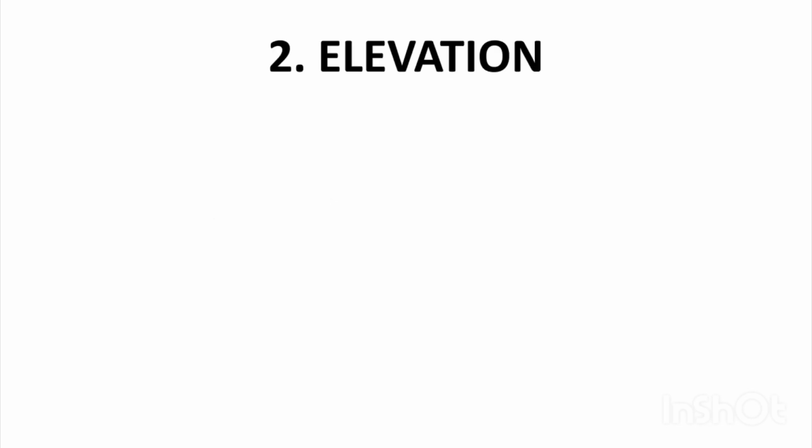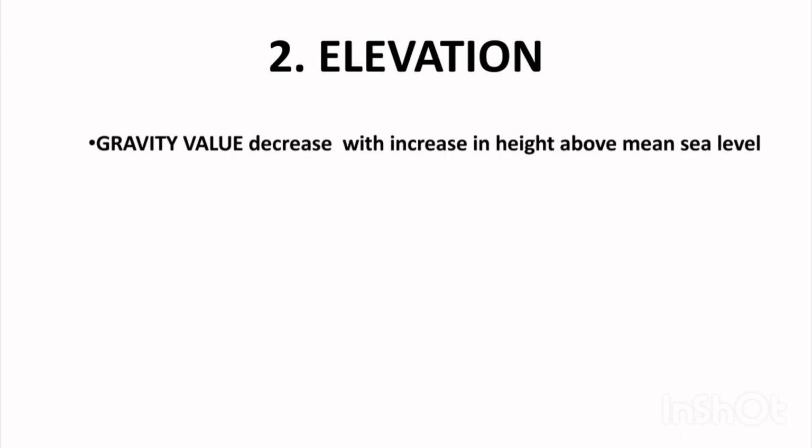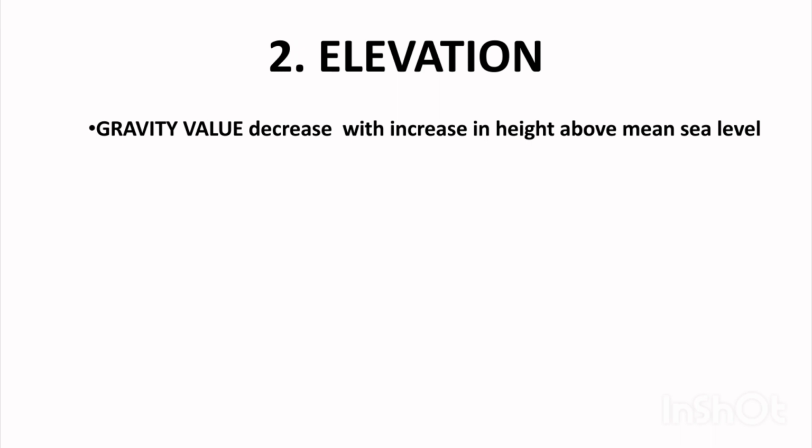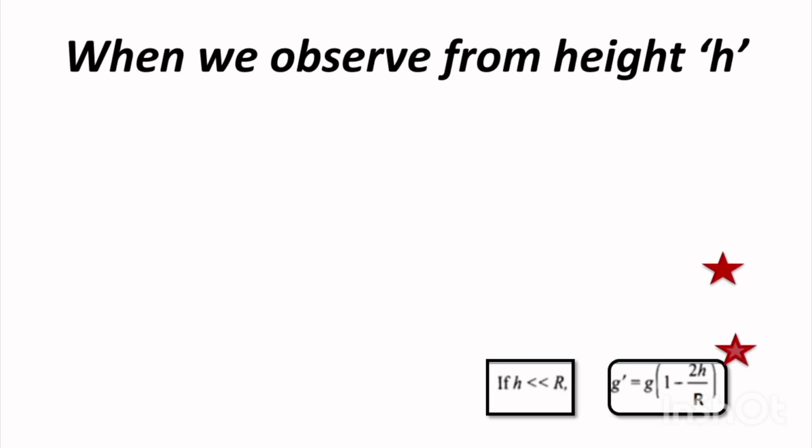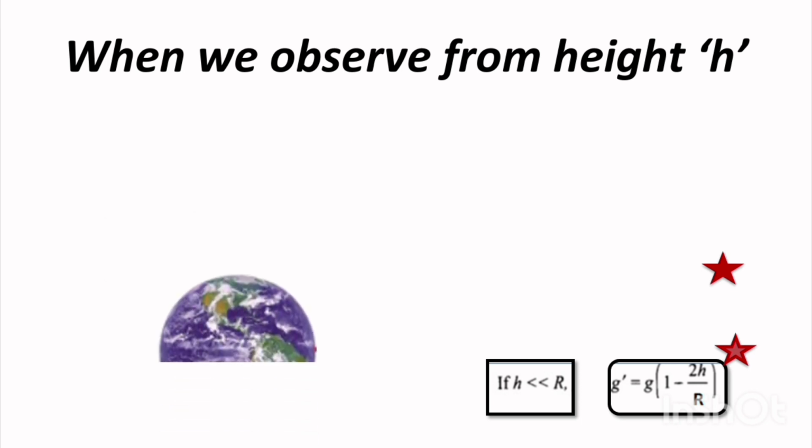After latitude comes the second factor, which is elevation. As the height or elevation increases above the mean sea level, the gravity will decrease. Why? Because it is inversely proportional to r square, the square of the radius. You will understand better from this diagram. When we observe from height h, this is the earth and its center, and a body of mass m lies at height h.